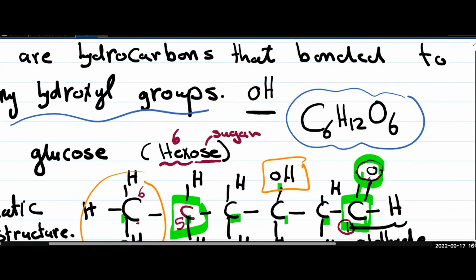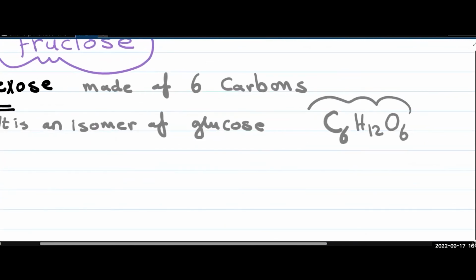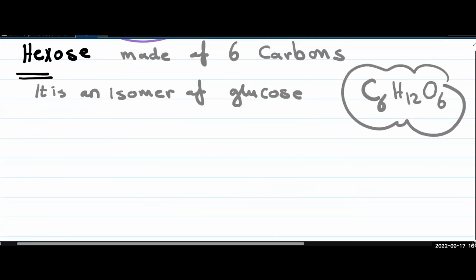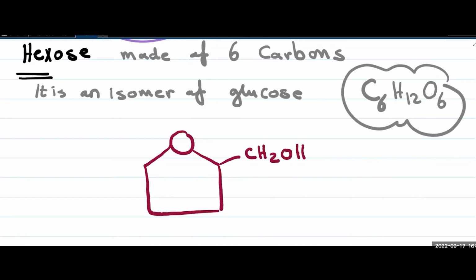C6H12O6. So why are they different? Because their structure is different. They have the same number of carbon, hydrogen, oxygen, but their structure is different. Shall I show you the structure of fructose? Fructose has a 5-membered ring, not 6. It has that structure. Here is CH2OH. Here is CH2OH. Here is OH. And here is OH.